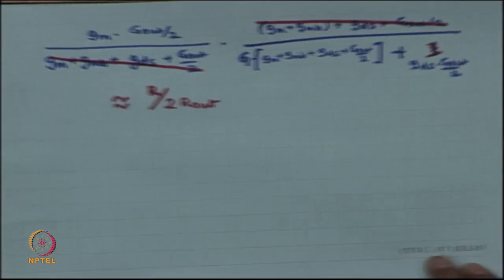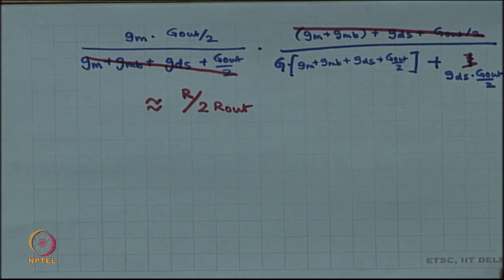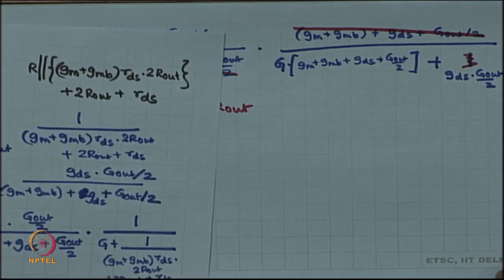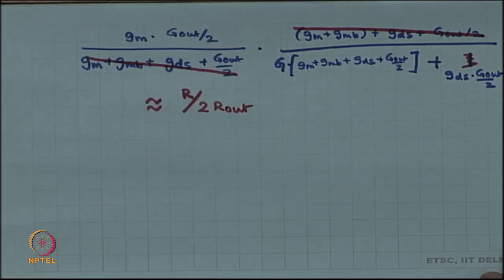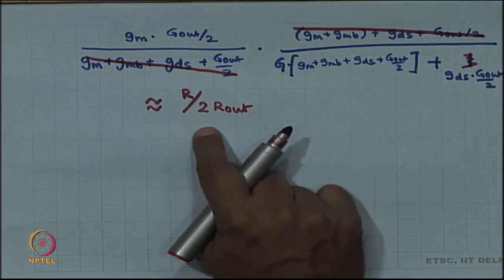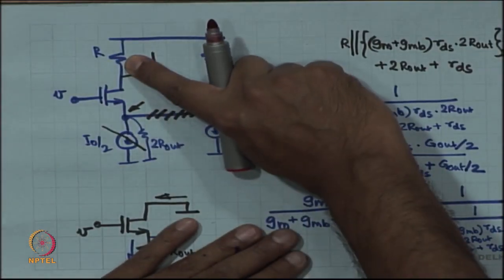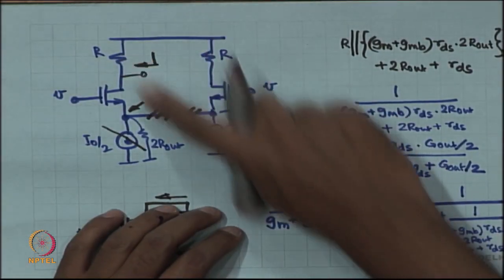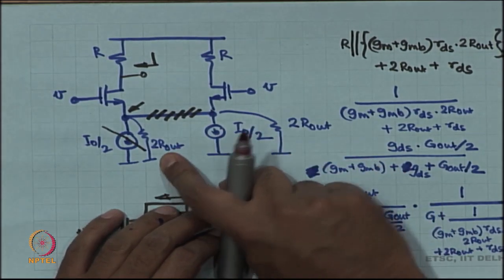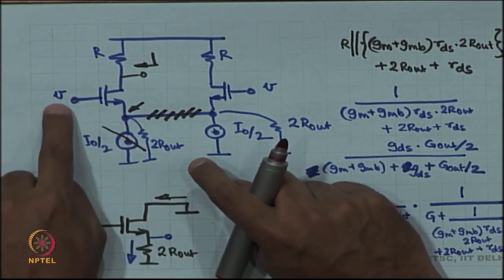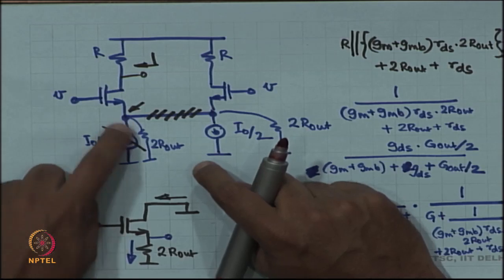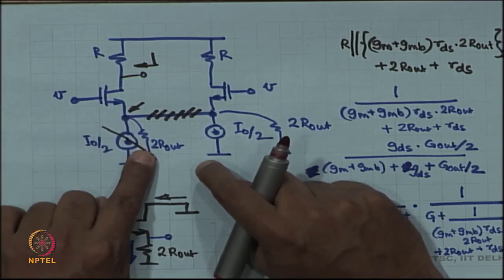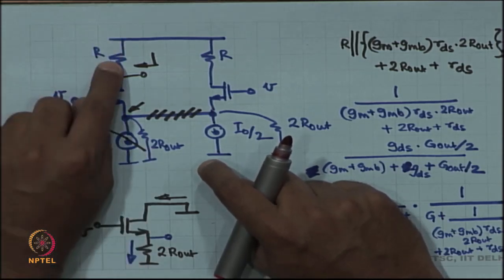Okay. So, this is your sanity check that indeed your expression is more or less correct. Why is this? Because this is the source degenerated amplifier. On the drain you have got R and on the source you have got 2 R out. So, the voltage follows, if this is V, this is going to be approximately V. So, the current is V by 2 R out, same current comes through over here.